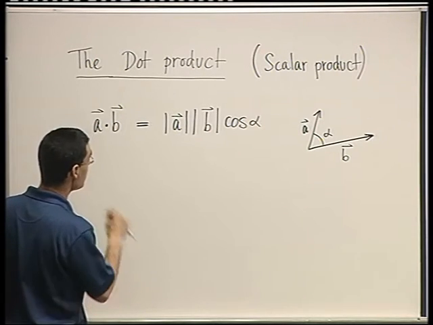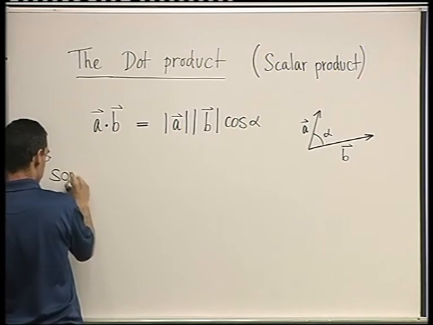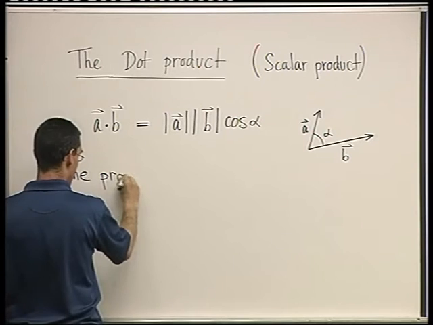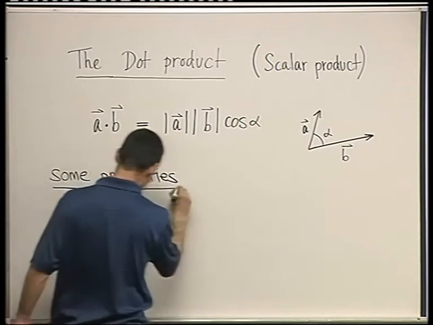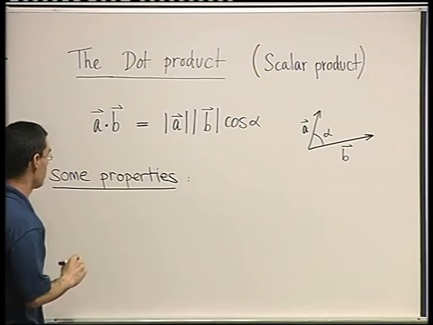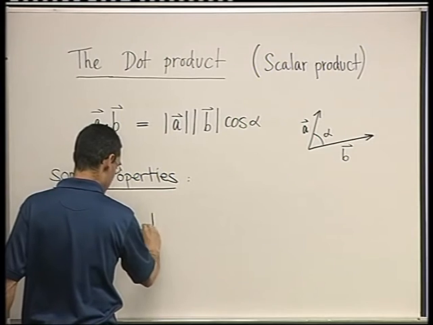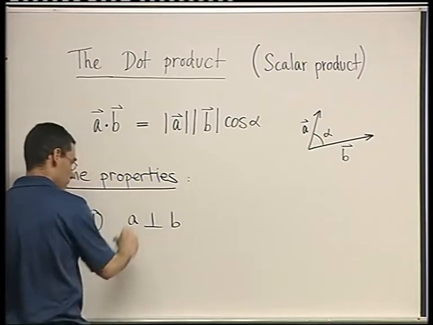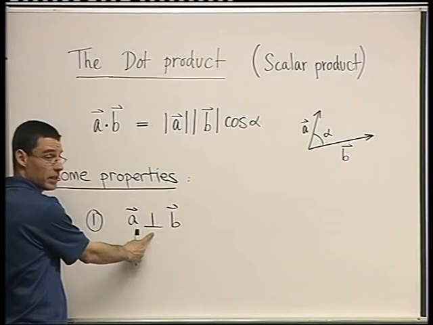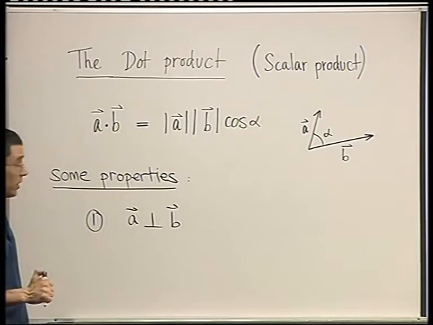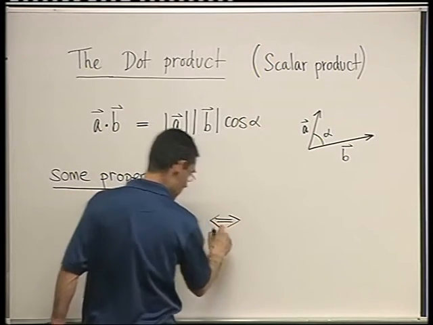The first thing that we're going to say is some properties. The first observation, which is very useful, is property number one: two vectors are perpendicular, that's what this notation stands for, they're at 90 degrees to each other, if and only if, you know this symbol, right?